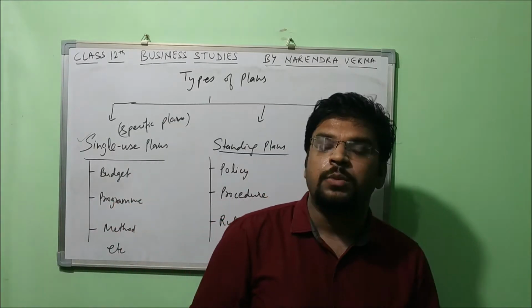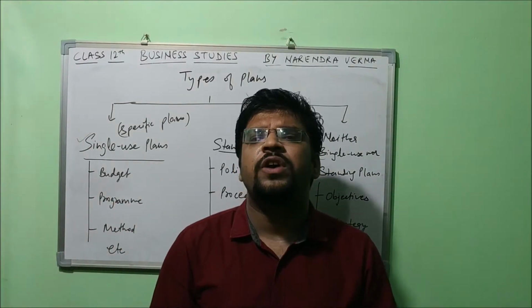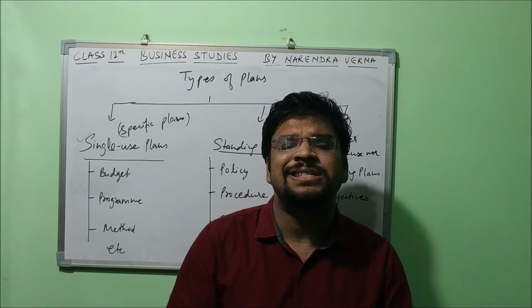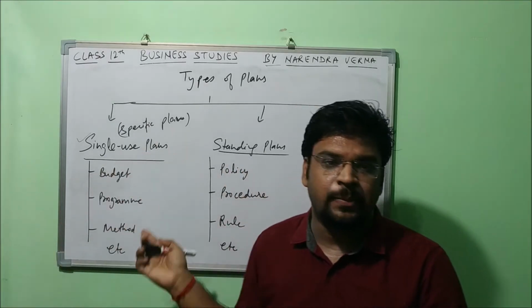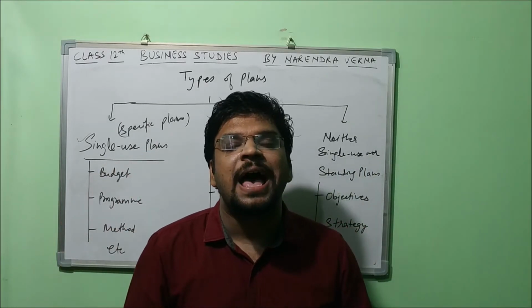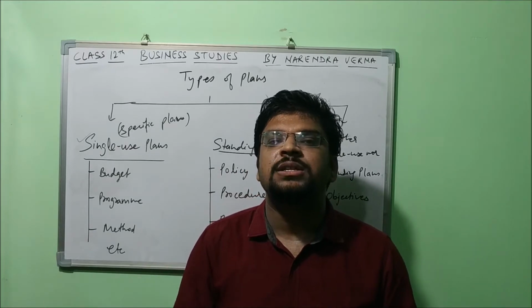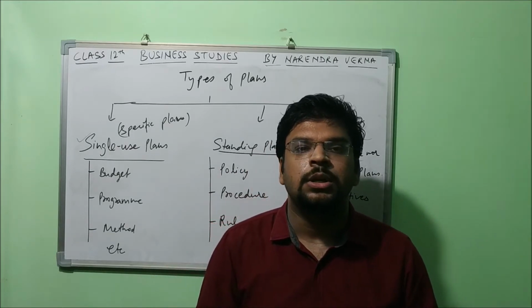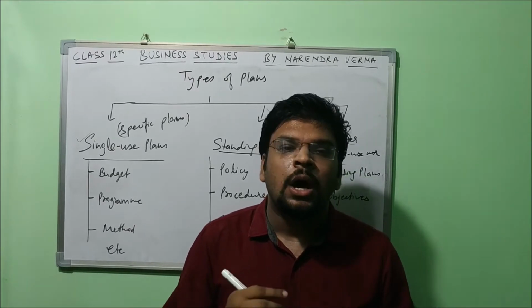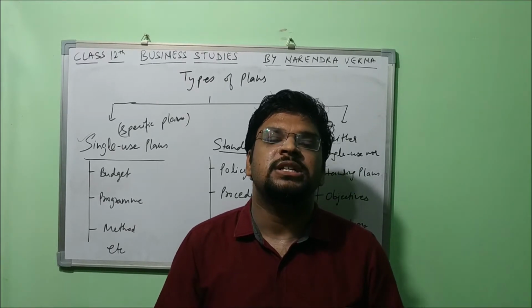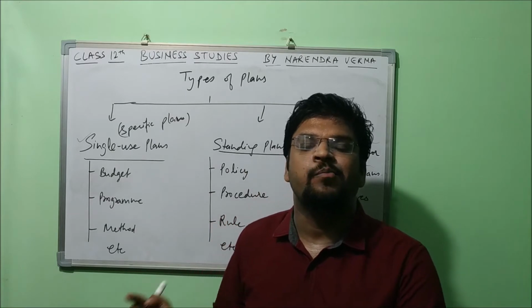And one more thing, these are not very much stable. These are less stable in comparison to standing plans, and these have very narrow scope. Why are these not very much stable? Because as and when the specific purpose is sorted out, the plan is completed.